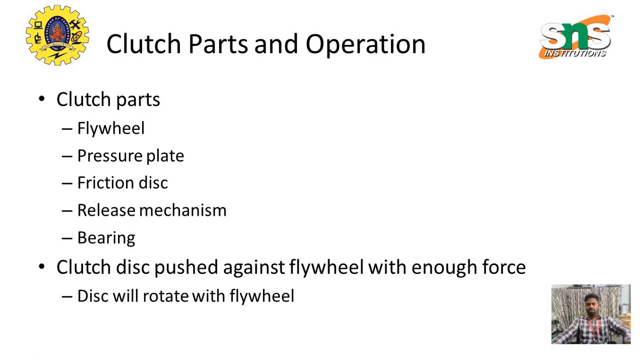With that we can transmit the power generated during the combustion process to the wheels with the help of the differential unit and differential axle. In that, the clutch plays a major role to engage or disengage the transmission of power from the engine to the transmission system.